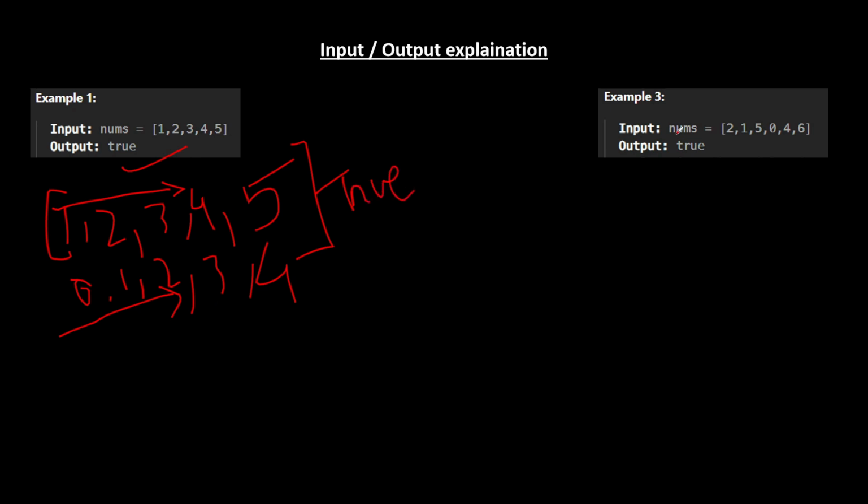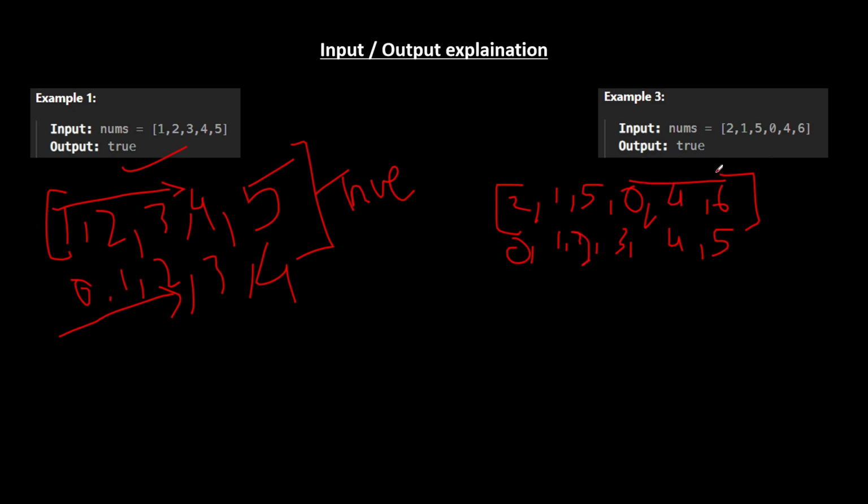Now let's understand example 2 here. 2, 1, 5, 0, 4, and 6, right? And the indexes are 0, 1, 2, 3, 4, and 5. So here we can see that 0, 4, 6 is increasing, and their indexes are also increasing.